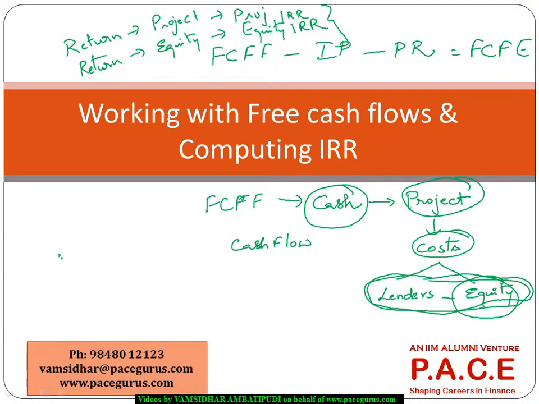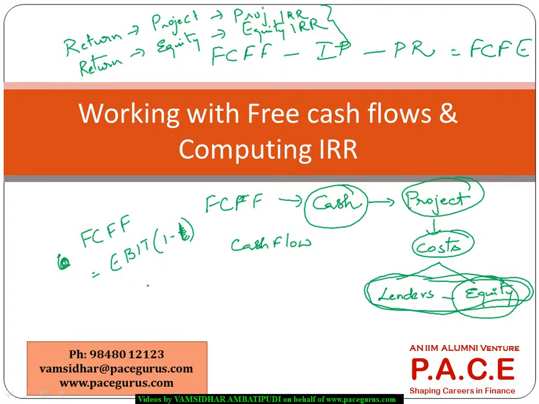Generally, the way people look at it, free cash flow to the firm comes out as EBIT into (1 minus T), because the tax portion of the free cash flow goes to the government.